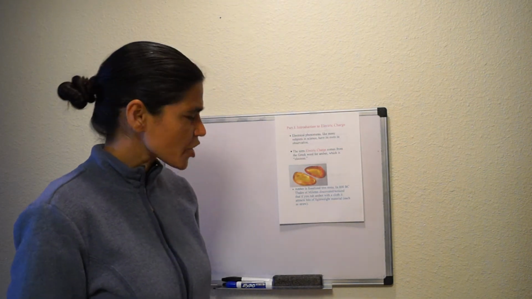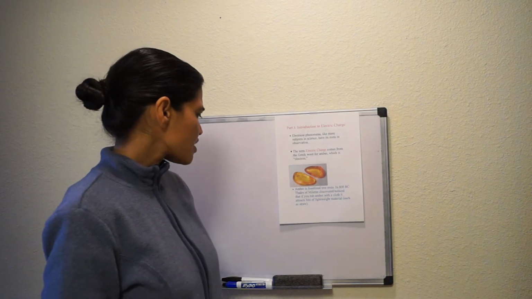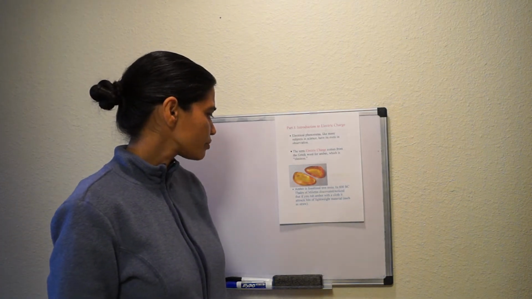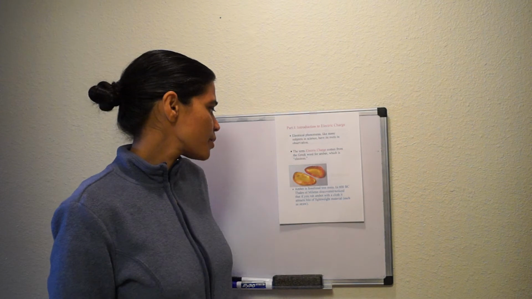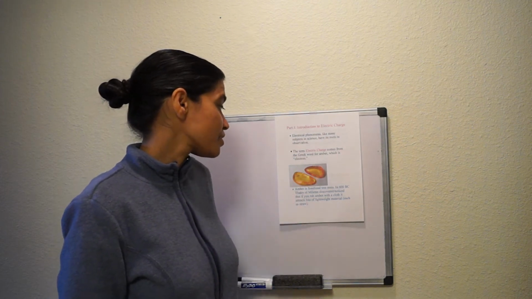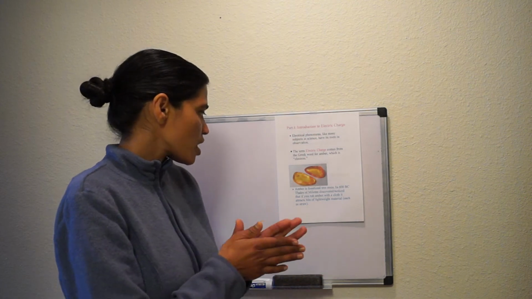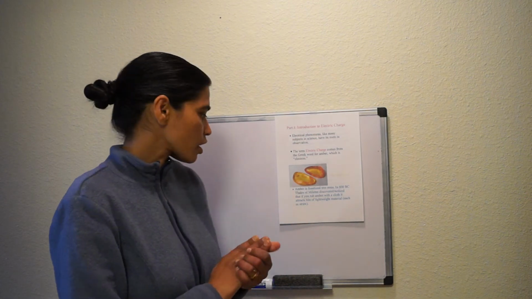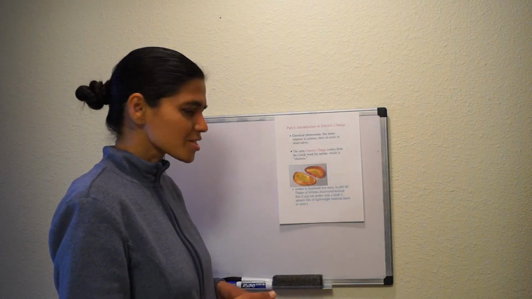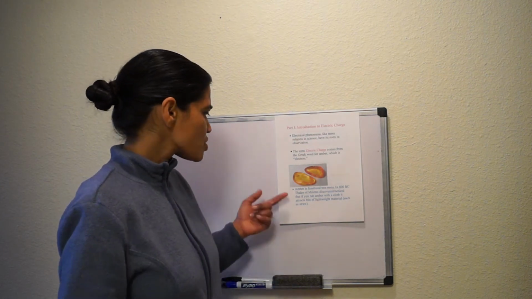Around 600 BC, Thales of Miletus noticed that if you rub amber with a cloth, it attracts a bit of lightweight material, such as a straw. What is amber?